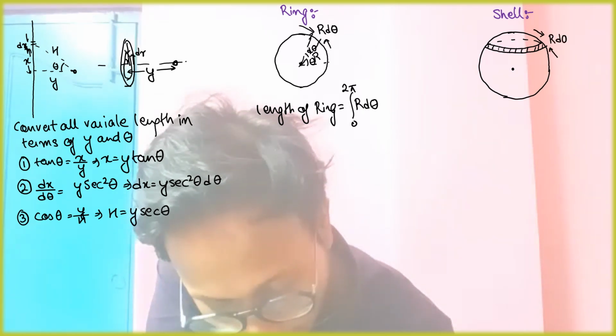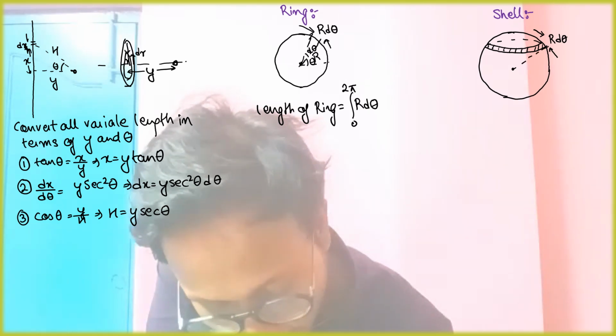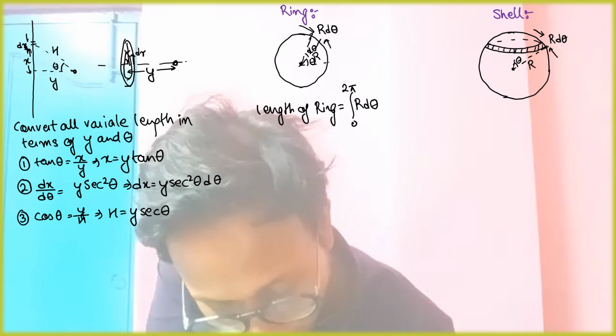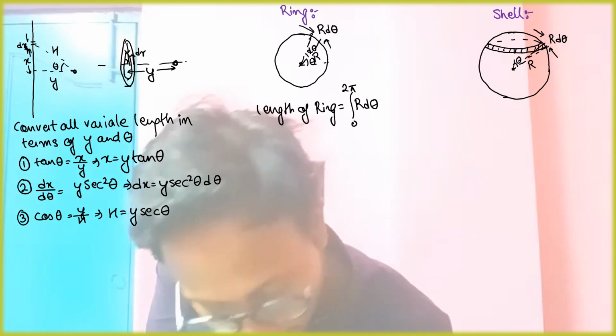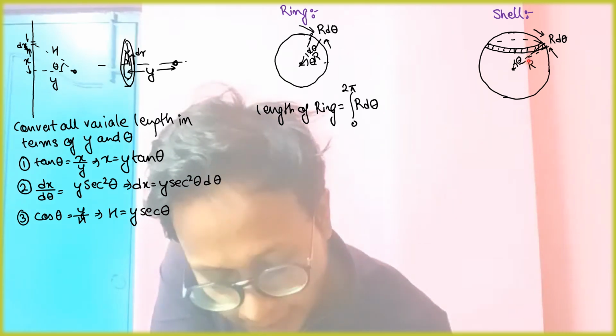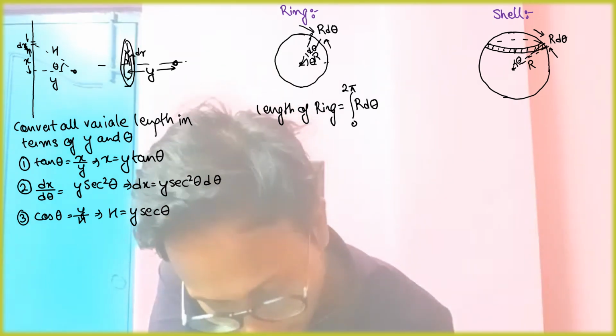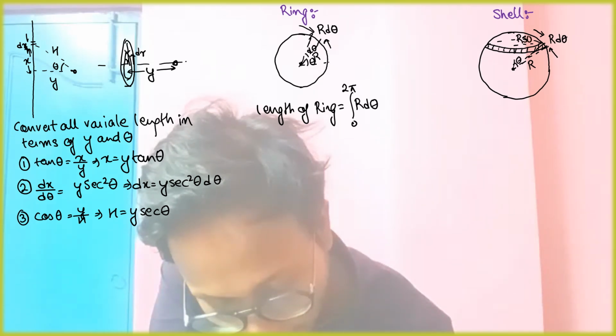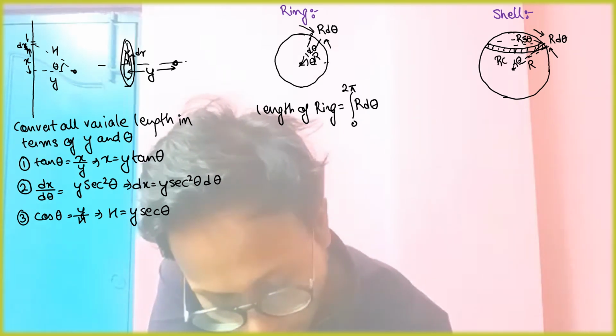How? This is radius r, this is theta, and this angle is d theta. The radius of the ring becomes r sine theta, and this length becomes r cos theta.